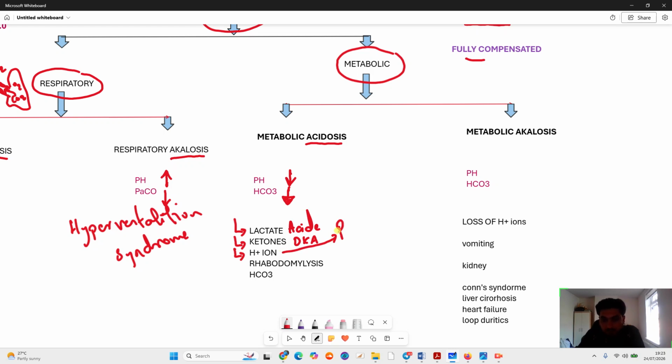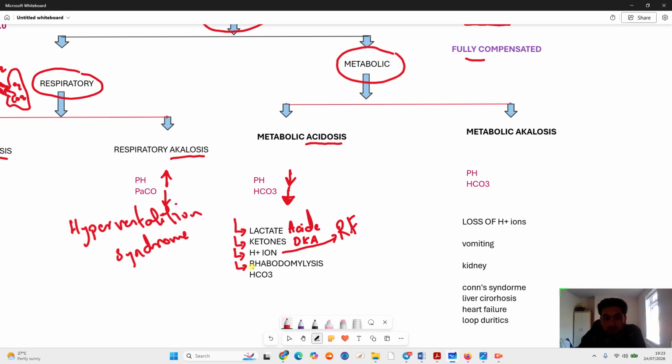Like if the patient has renal failure, the kidney will not excrete the hydrogen. He will lose the ability to excrete the hydrogen. Due to that, the hydrogen level will go up in the blood and metabolic acidosis will happen.